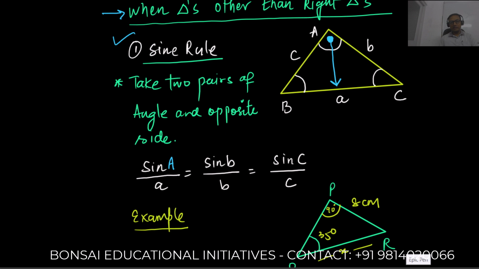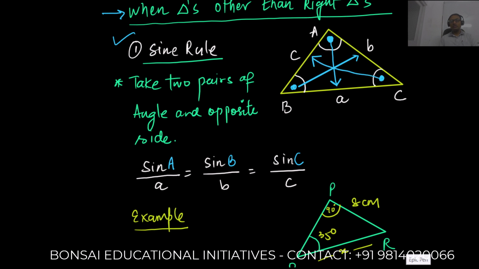Sine A, sine B, and sine C. So sine of A upon the opposite side, sine of B upon the opposite side, and sine of C upon the opposite side.